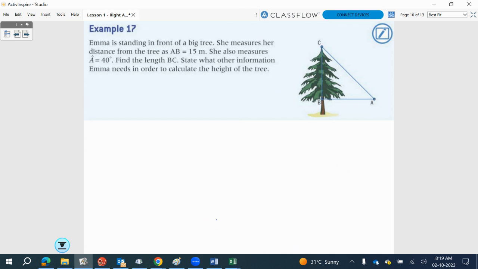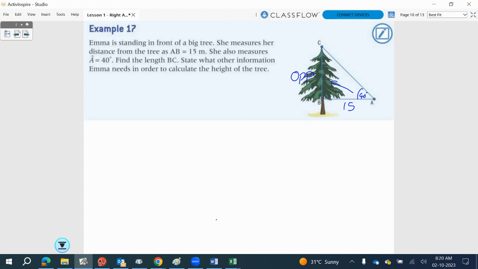Okay, for this one, we are given the angle here at A, so let's mark the angle as being 40 degrees. We're given the length of the base, and we're asked to find the height, the length BC. The length BC is going to be the opposite.